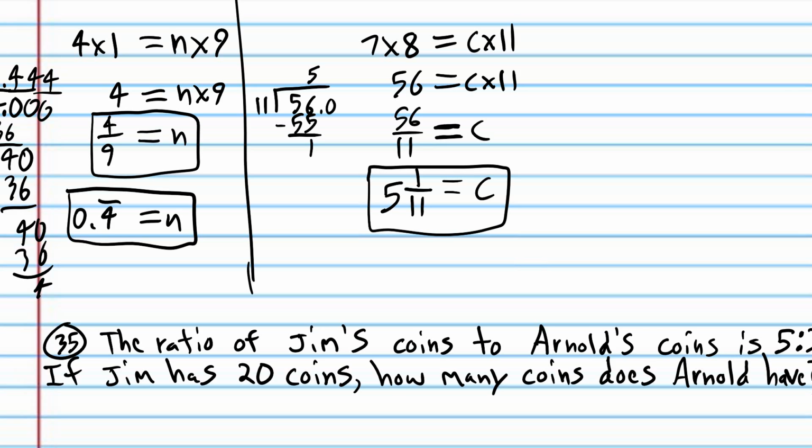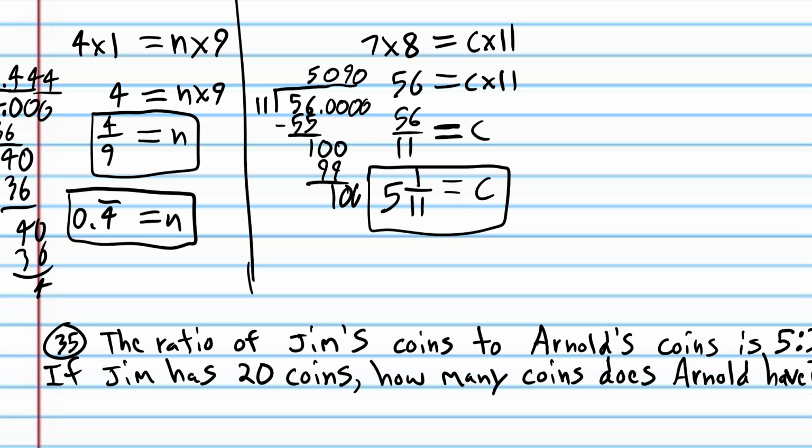Now you could also write it as a decimal by continuing with the long division here. Bring down the 0. 11 does not go into 10, so you have to put a 0 up here. Then you bring down another 0. 11 goes into 100 9 times. 9 times 11 is 99, and you have a remainder of 1. Then you bring down a 0, and 11 still doesn't go into 10, so you have to put a 0.